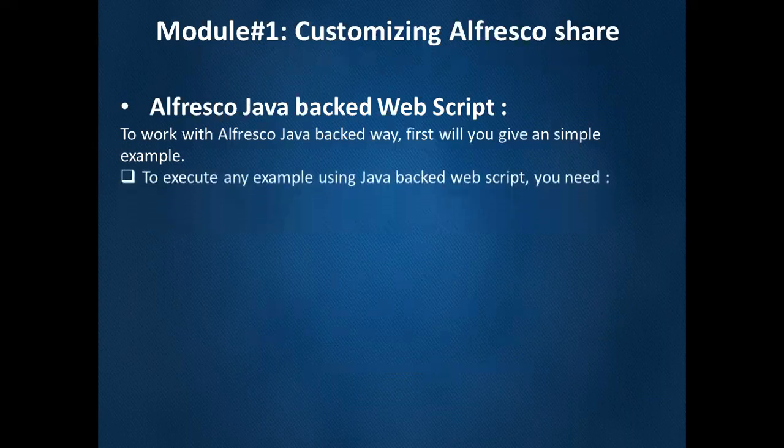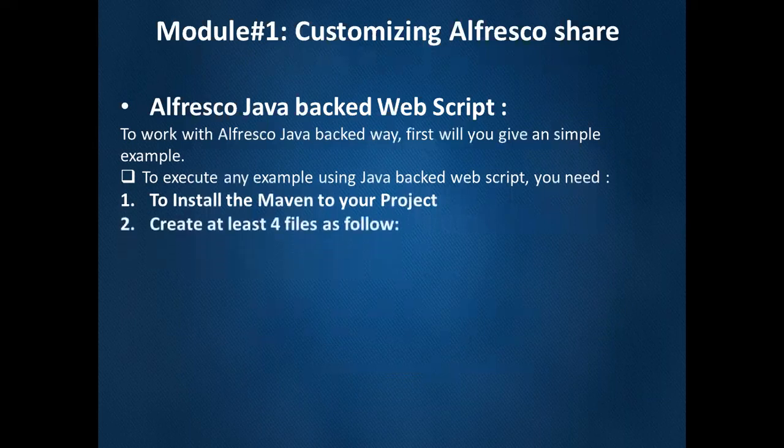To execute any example using Java backend web scripts, you need to do two things. The first thing is to install Maven to your project. I already installed it on my computer.